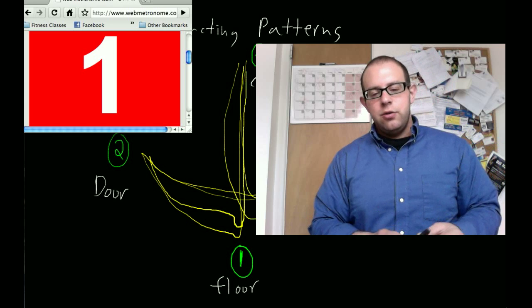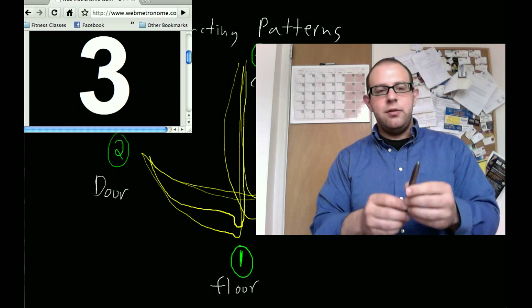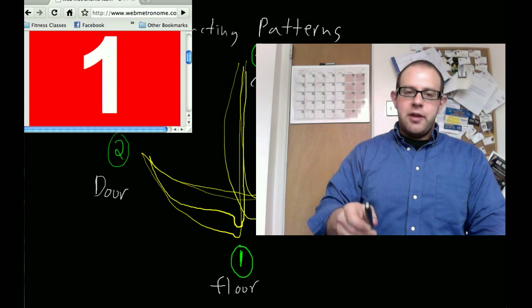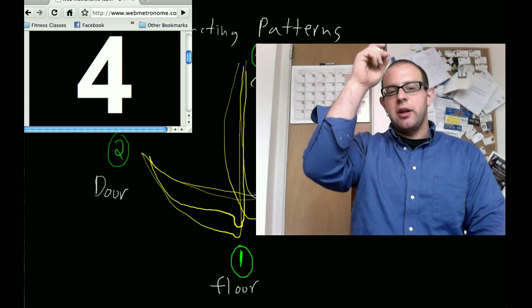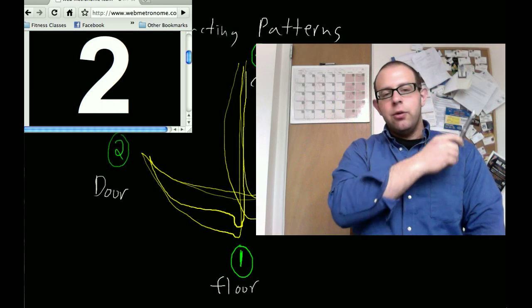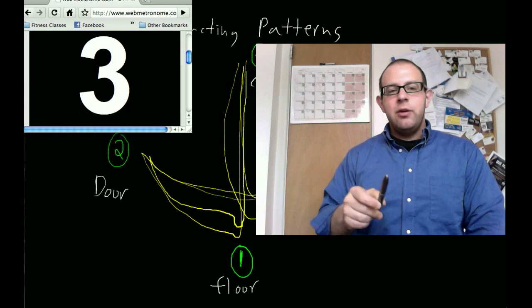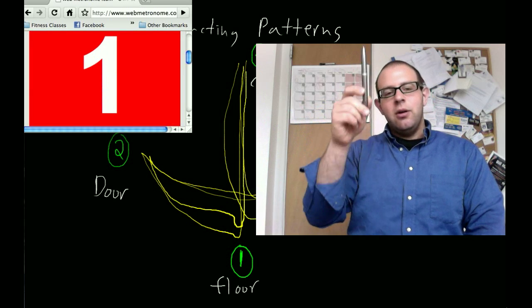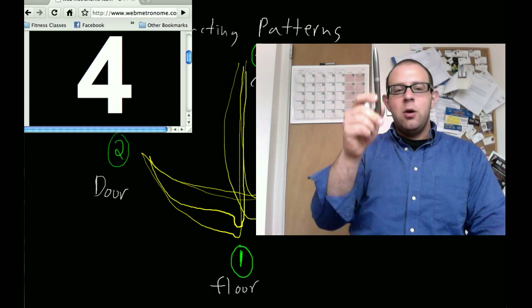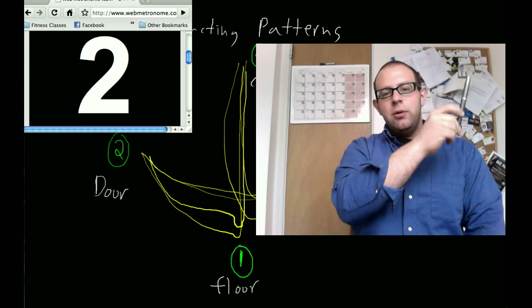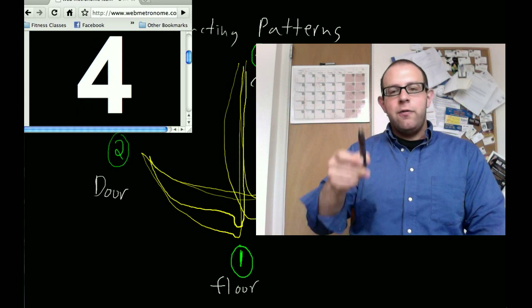So 1, 2, ready, go. Floor, door, window, ceiling. Floor, door, window, ceiling. Floor, door, window, ceiling. 1, 2, 3, 4.